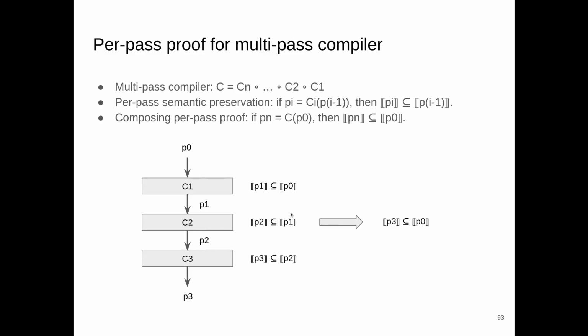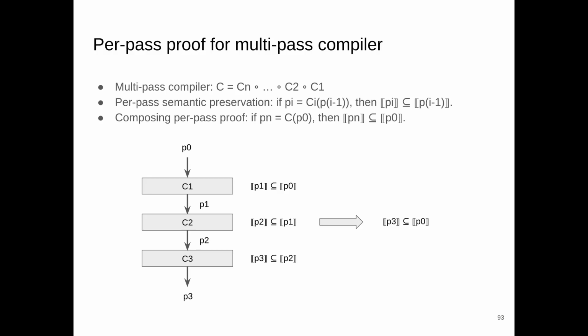So we can do that because we can compose this subset relation safely. So that's the reason why we can prove each pass's optimization correctness separately. So we can argue the correctness of mem2reg, GVN, dead code elimination, and simplify CFG separately, and compose them to argue that the entire compiler is actually correct.